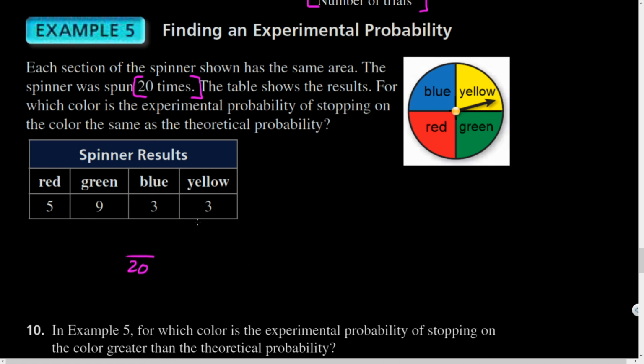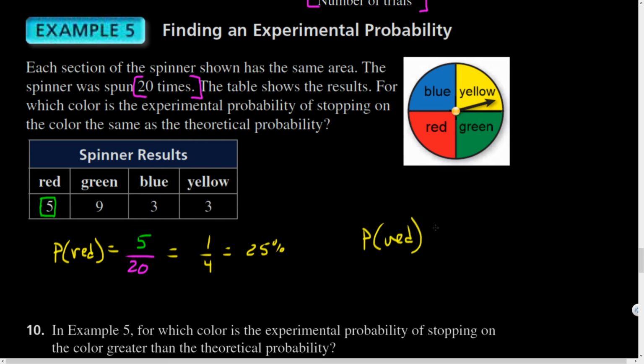Oh, wait, I don't think I even need that here, based on this question. For which color is the experimental probability of stopping on the color the same as the theoretical probability? And so, notice, if I wanted the probability of red, here's the theoretical: 5 out of 20 is equal to 1/4, or 25%, which happens to also be the experimental probability of red.